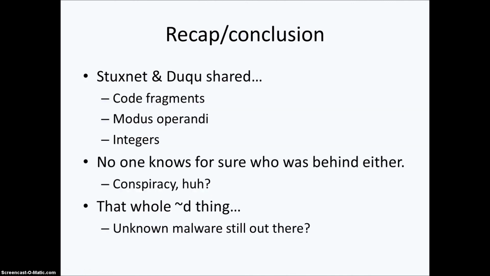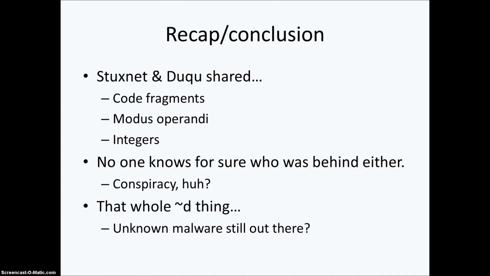So Stuxnet and Duqu were very similar in a lot of respects. They shared the same code fragments, same modus operandi, the tilted platform, and they had common mysterious integers. Nobody really knows for sure who was behind either of these pieces of malware.